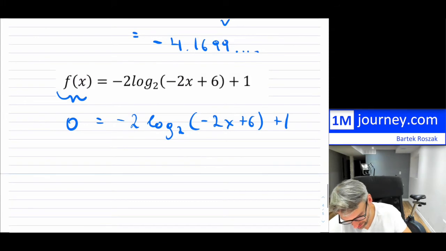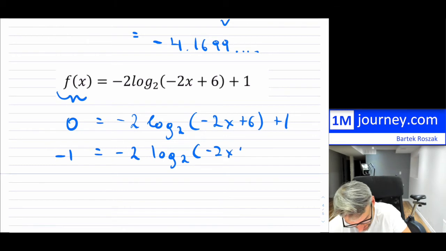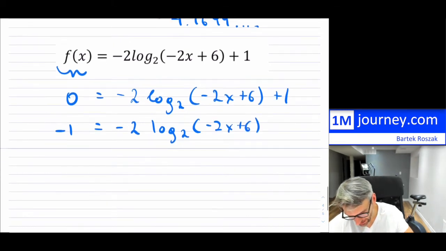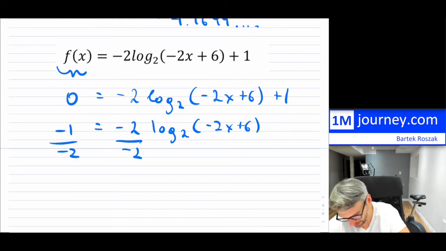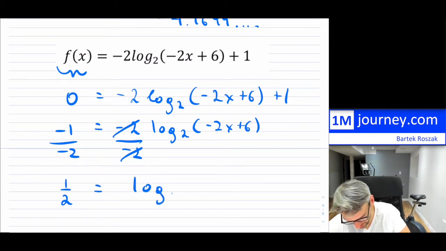That's a nice exercise here. So let's bring the plus 1 over to the other side, so it's going to be -1. Now this is log of 2. Dividing both sides by -2 to get rid of this, that's going to be just a half here. And I'm going to get log of 2.